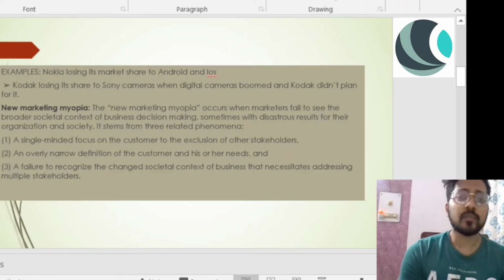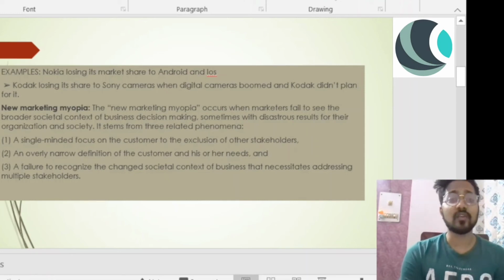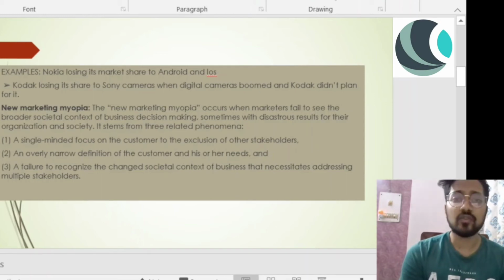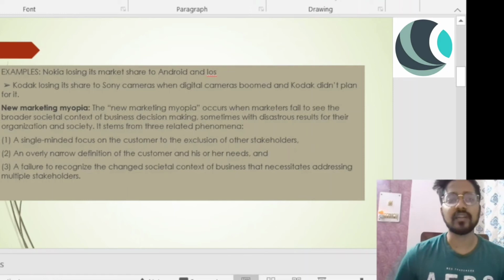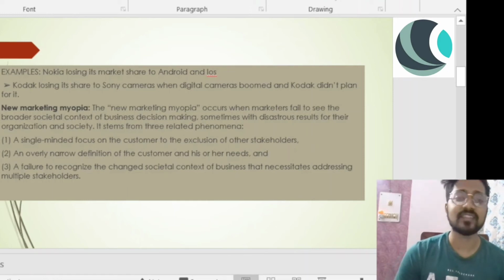So Nokia missed out on that. They were thinking that, okay, our products are good. We are selling a huge chunk of mobiles, there are huge numbers supporting our claim, and we'll do better. We don't have to adapt ourselves to the changing needs and requirements of the environment, and that's what happened there, and they certainly lost their market share.